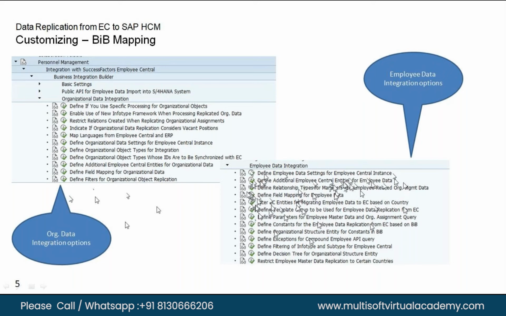We need to give parameters in EC, and here also they have given a provision to control. The clients want to replicate the employee data only. They want to ignore all the contingent or contract workers. We have an option. If you select employees, only employee data will replicate from SuccessFactors to SAP. Because if you select employee and contingent, it will replicate all the data. If you want to replicate only employees, then based on the selection, it will replicate from EC to SAP.